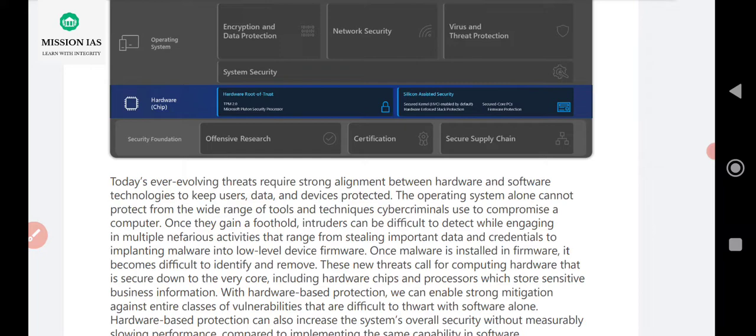In a similar fashion, we cannot give protection only to the software rather than to its base foundation, that is, hardware implementation. Unless we protect the hardware, it is very difficult to make protective security for the software. So that's what is written here: chips to cloud.